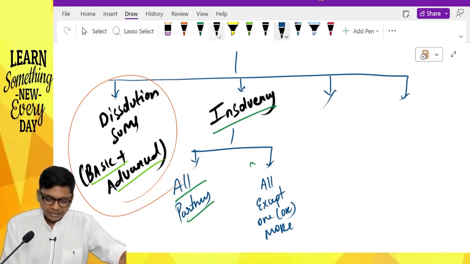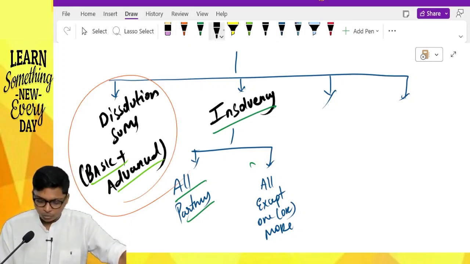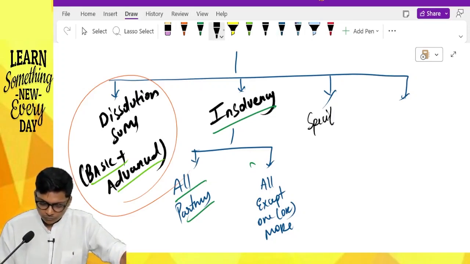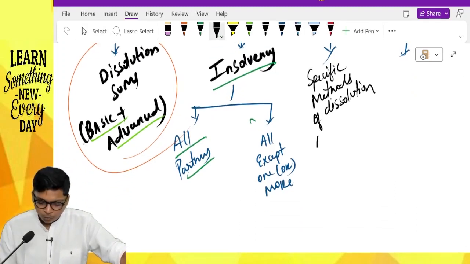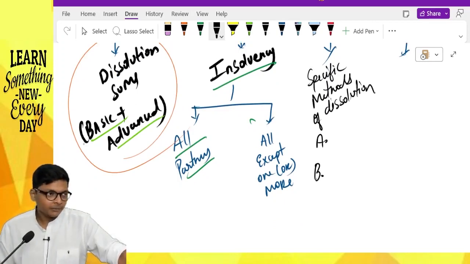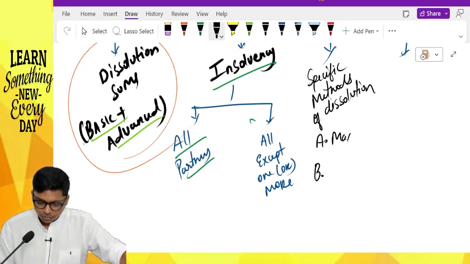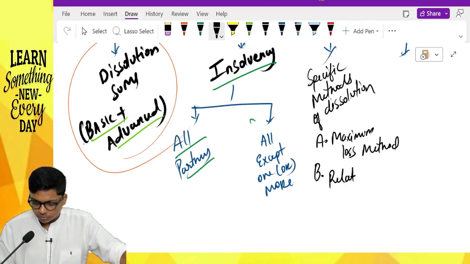Last step will change. Next, after insolvency, we will move on to, let's say, specific methods of dissolution. Under that, we have 2 methods, A and B. Maximum loss method, relative capital method.